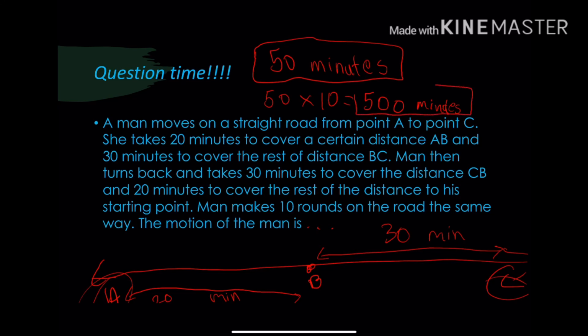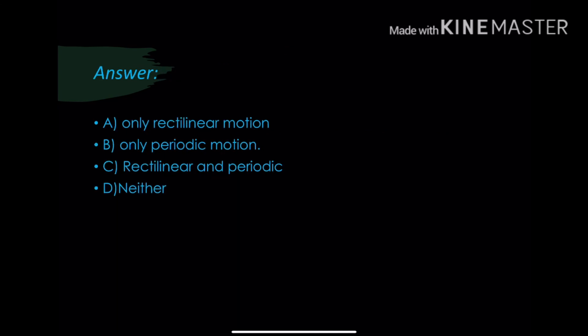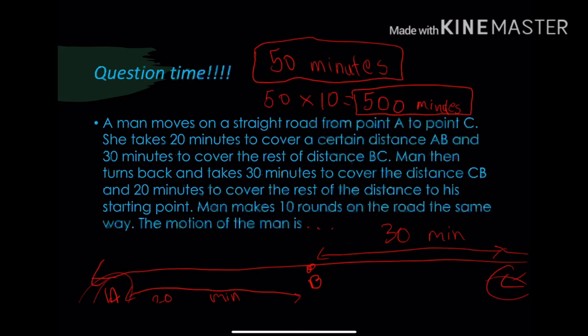It is periodic and rectilinear. Which one is it? A, B, C, or D? The answer is C, because it takes 500 minutes. So it is periodic motion, guys, because it's in equal time intervals.